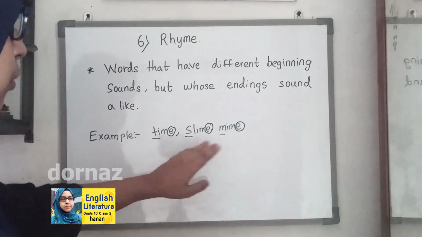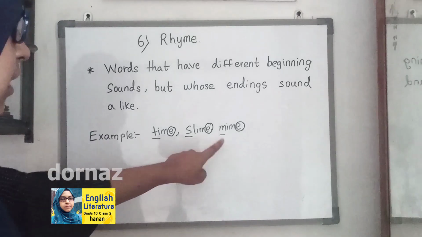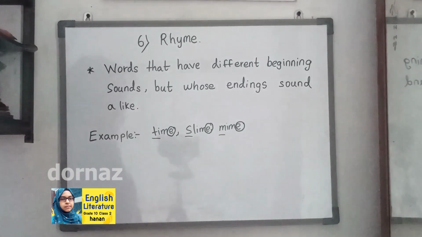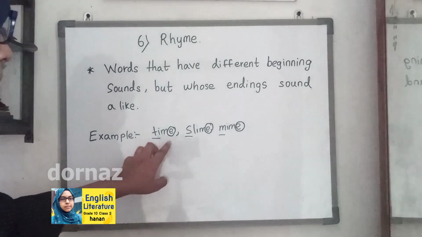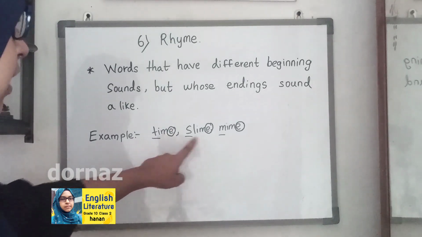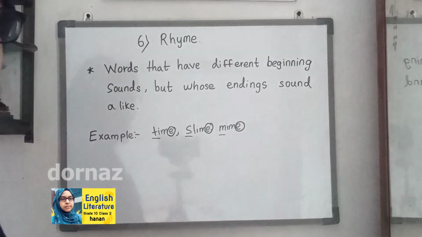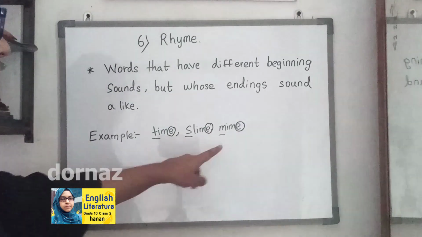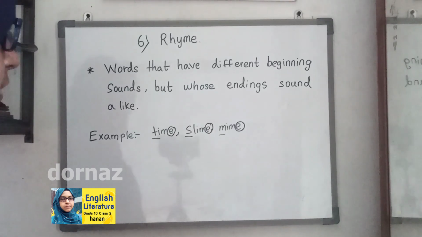E, but notice that T, S, M, the beginning letters are different from one another. But the ending letters are the same, E. So it is called rhyme.